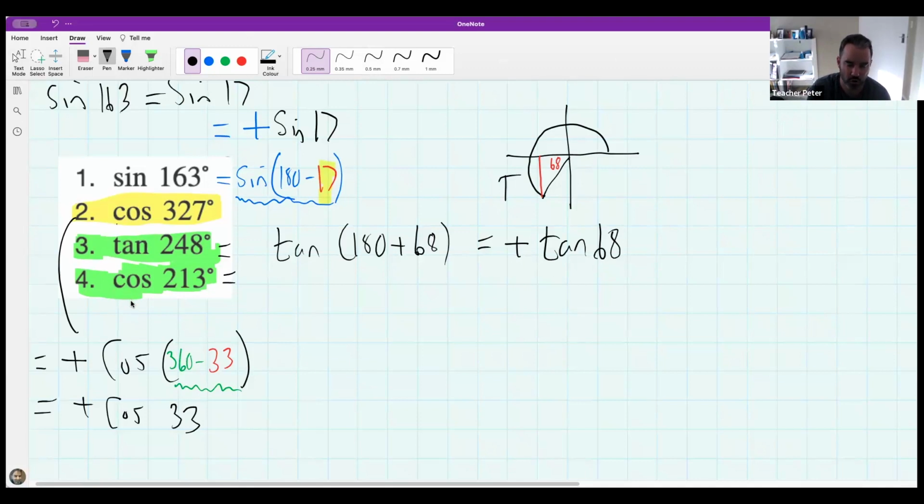See if you can do cos 213. Can you reduce that? So 20 to get to 200, and then 13, so that's 33.